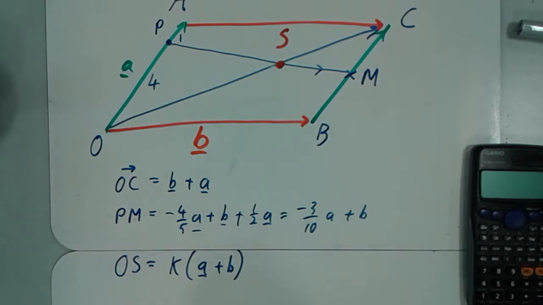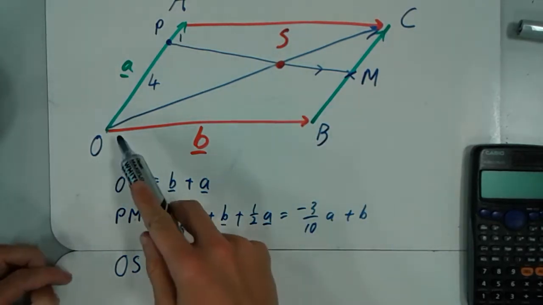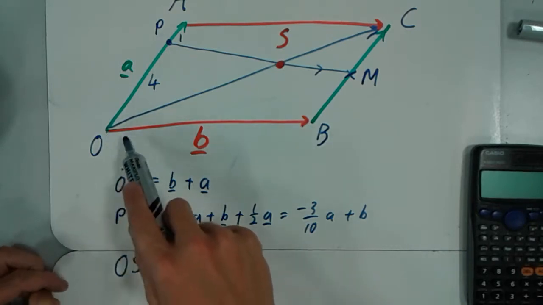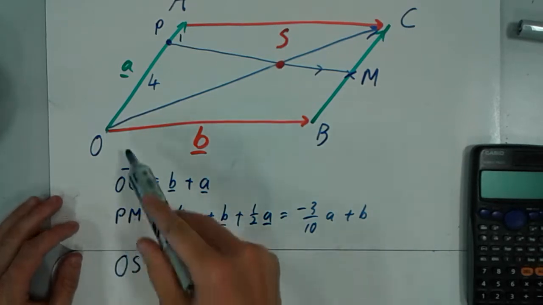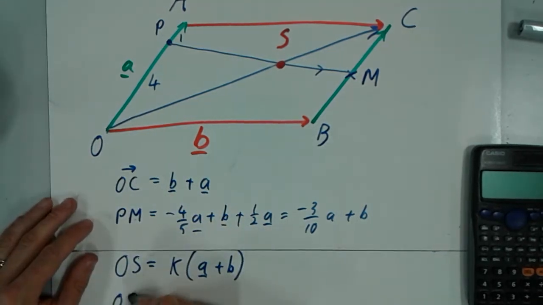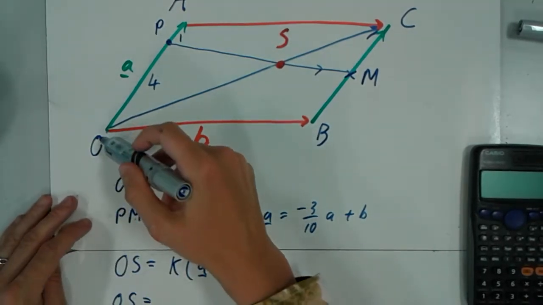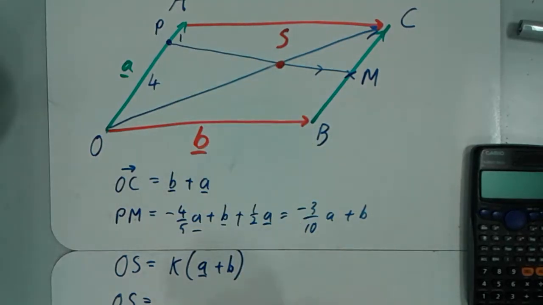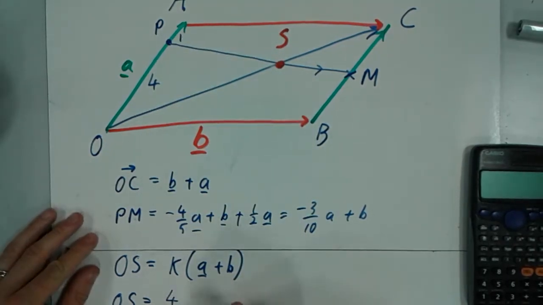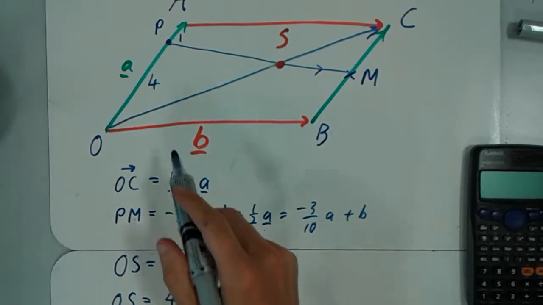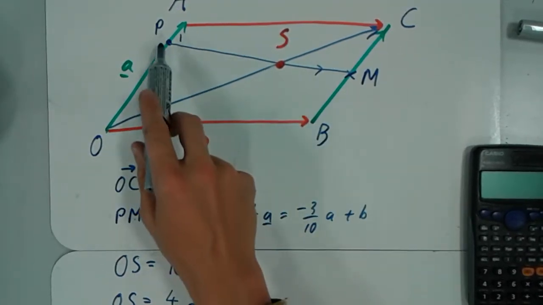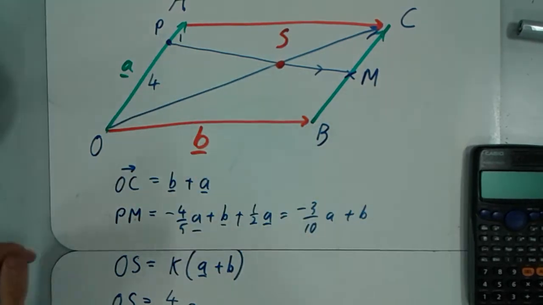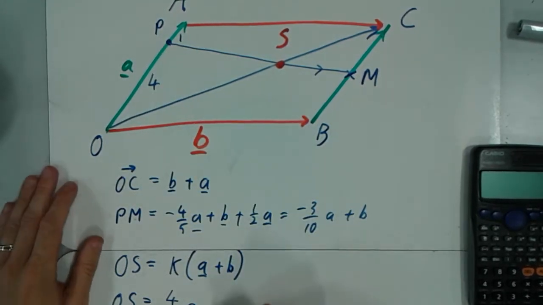So what we need to do is think, how can I get to S in two different ways? One way is to just say, you can get there by going straight along there. Or another way to get there is to go along O to P, so that is 4/5 of A, and then some proportion along the line P to M. So it's some proportion of this.